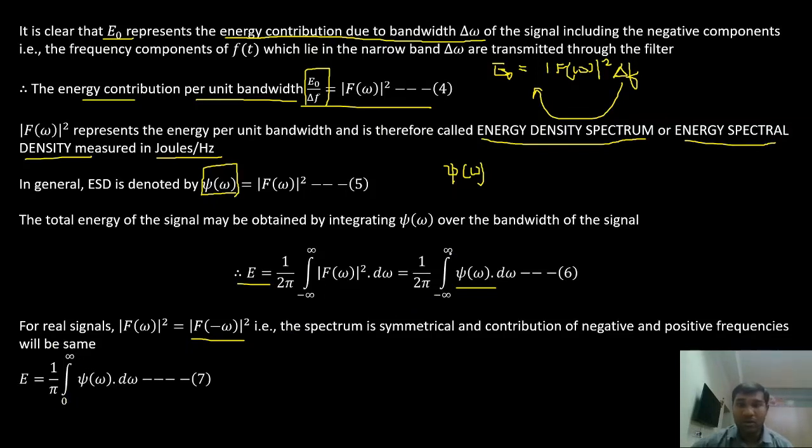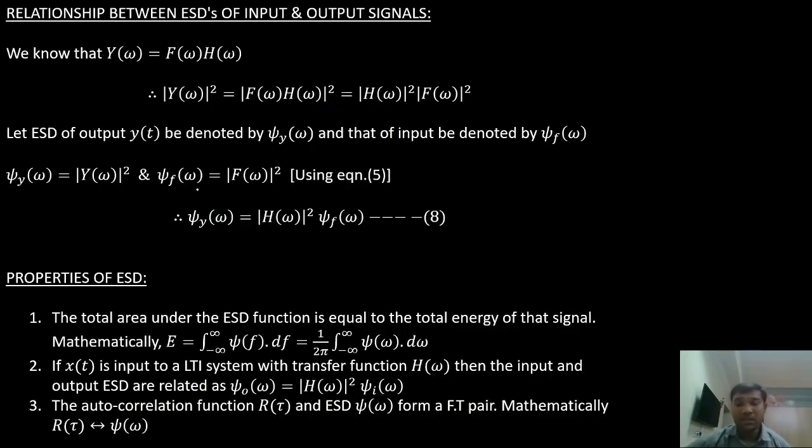So integral of minus infinity to infinity will become twice integral of 0 to infinity. That is 1 by pi into the integral from 0 to infinity of psi of omega d omega. That is how we derive the energy spectral density.